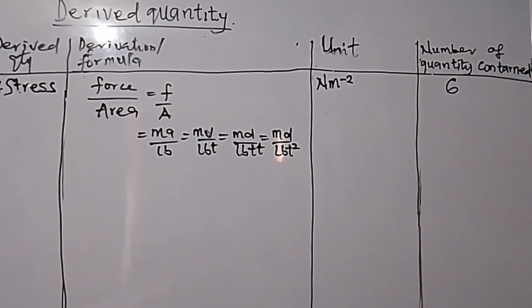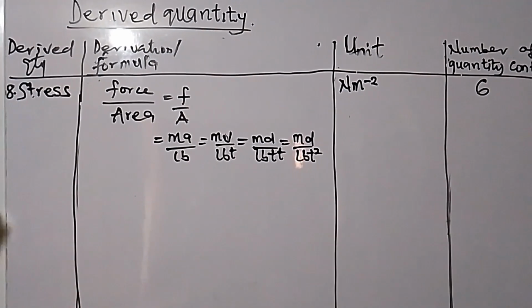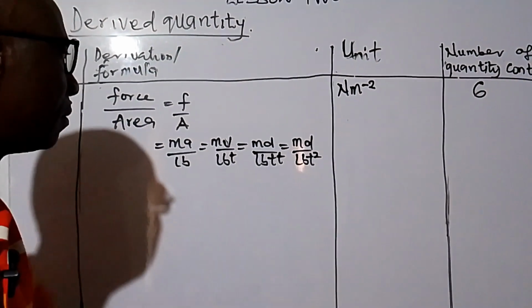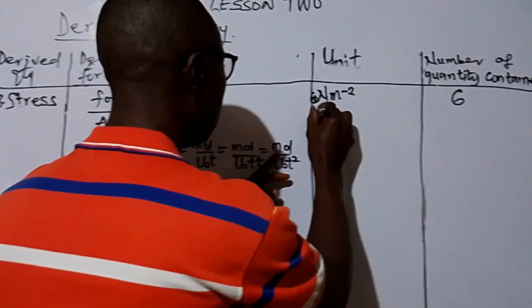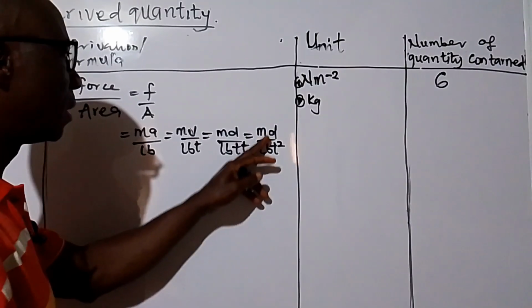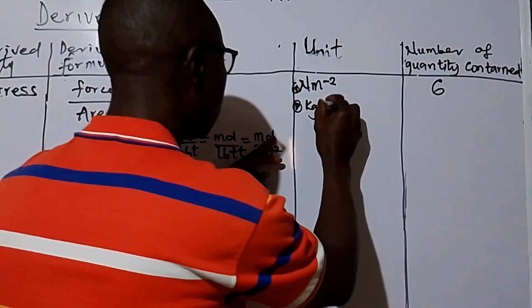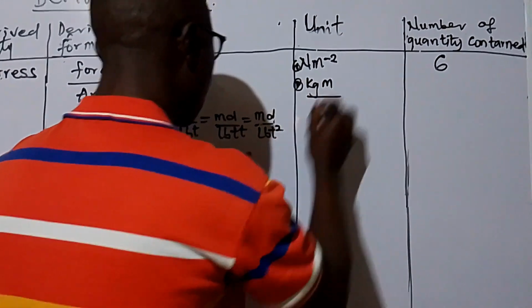Now, to get the next unit for stress, let's come here. Mass is kilogram. This one, meter. Then over meter again.